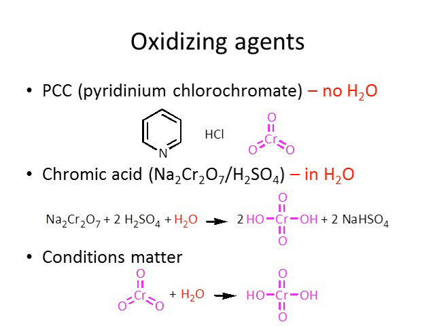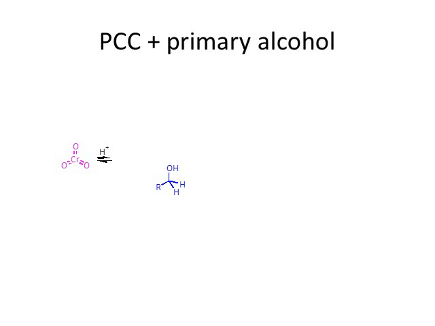Let's look at those reactions. If I mix PCC and a primary alcohol, a reaction would occur. And here's how this mechanism works. Chromium trioxide reacts with acid, and remember the PCC conditions included HCl, an acid, and pyridine, a base. So protons are kind of coming on and coming off.